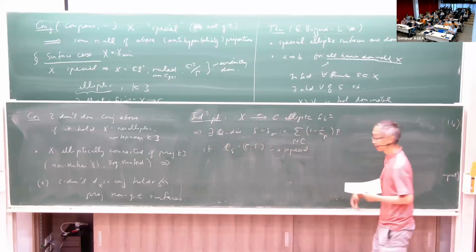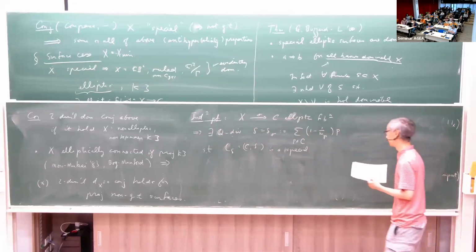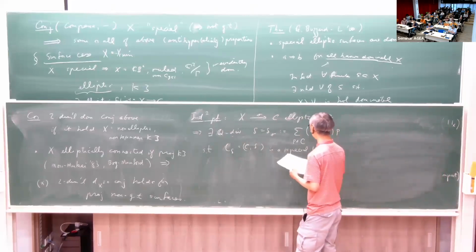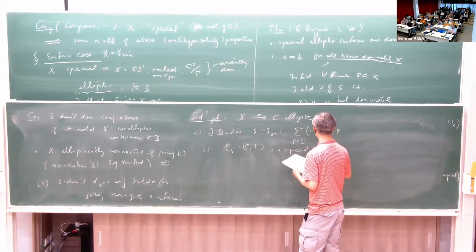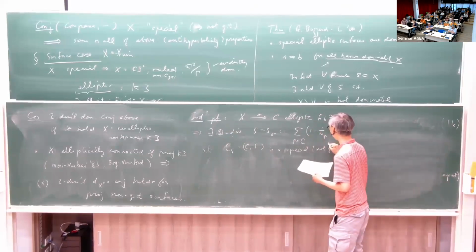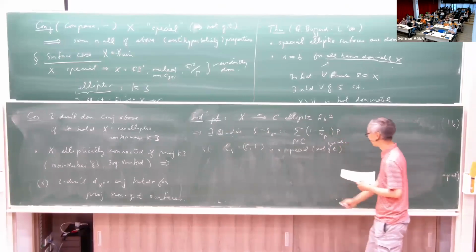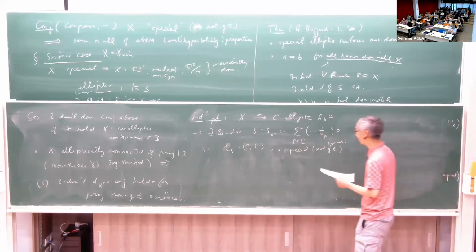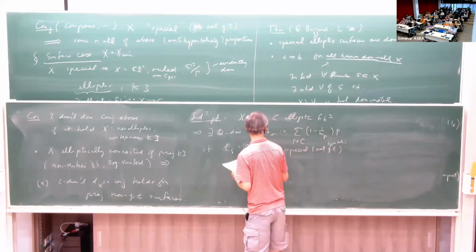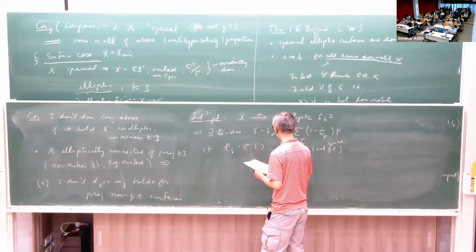In the case of curves, special just means not of general type, or not hyperbolic. General type is the same thing as hyperbolic, Kodaira dimension maximum, 1. Then it's a special orbifold curve.